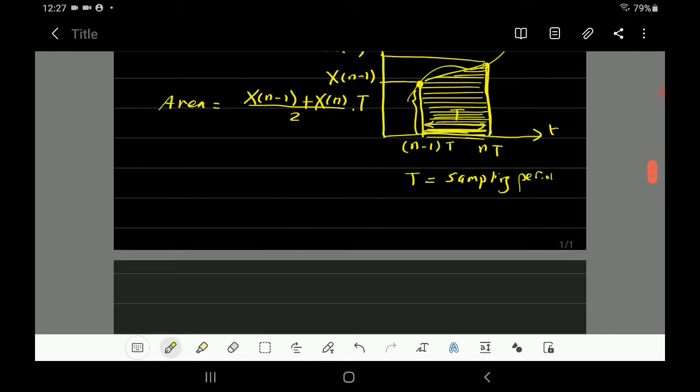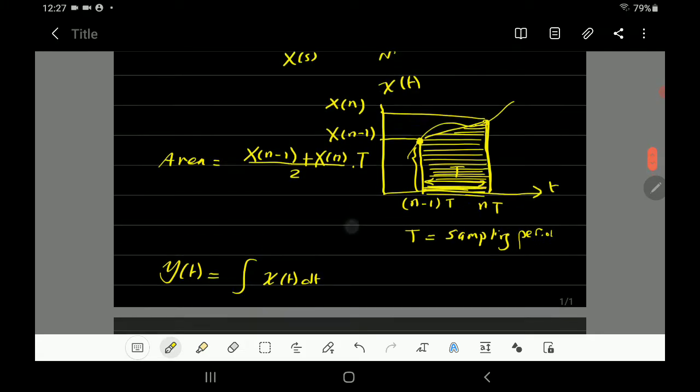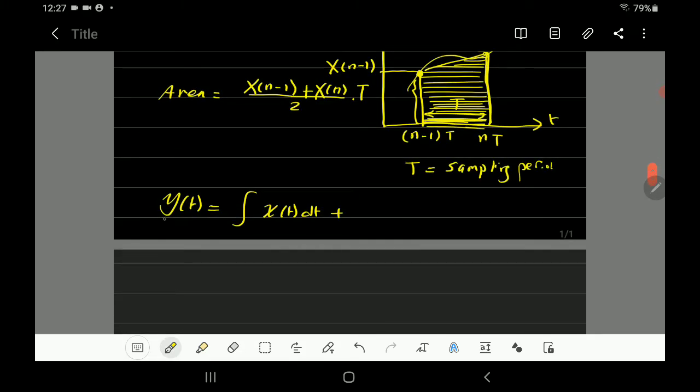So when you want to find the output y of t, equal to the integration of x of t, plus the initial condition, which will be y of n minus 1 T. So y at nT, at the current sampling, will be equal to the integration plus the initial condition, as you know.